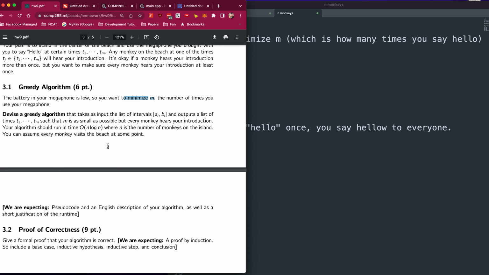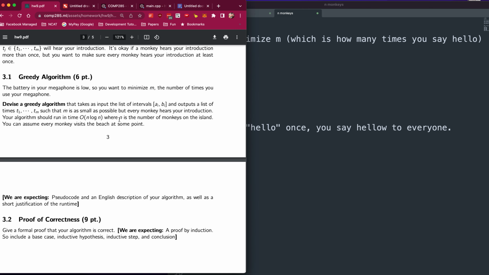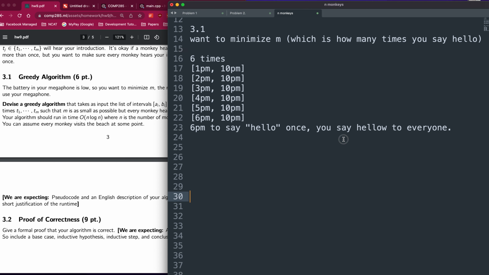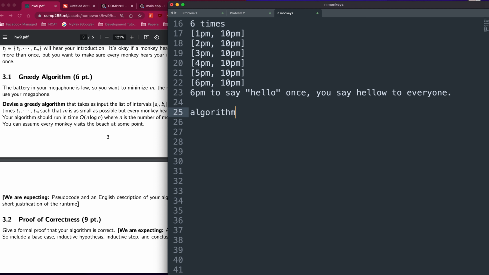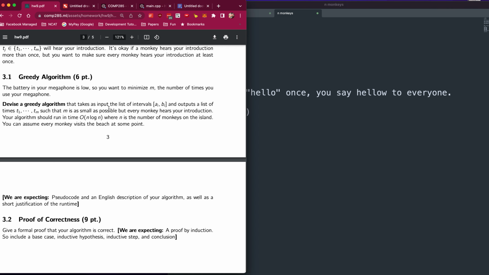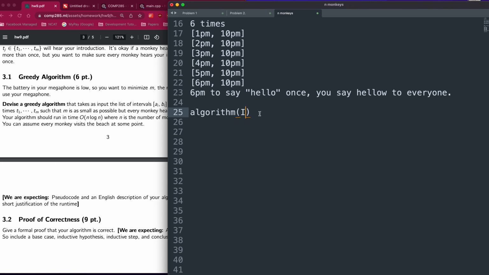So the goal of 3.1 is I want you to come up with a greedy algorithm, right? So we're going to start our pseudocode. We're going to call it algorithm. Our input is going to be I, which is the intervals when the monkeys come to the beach.